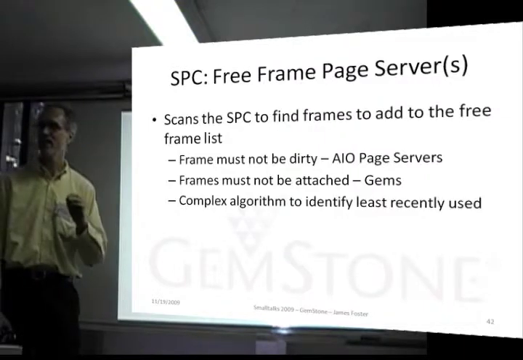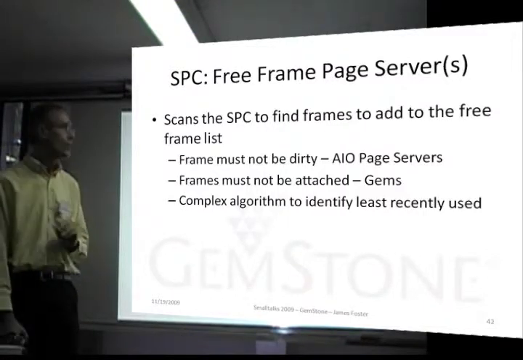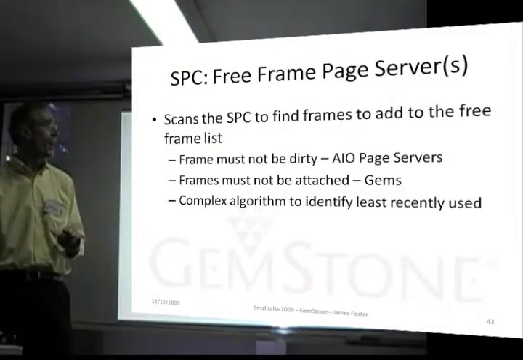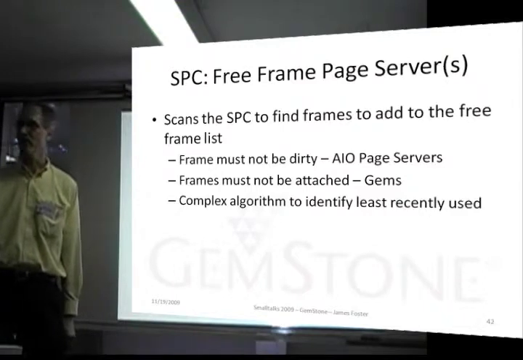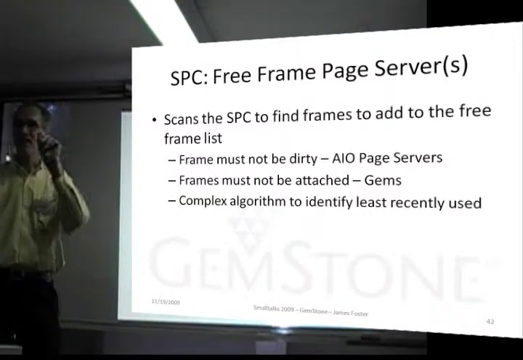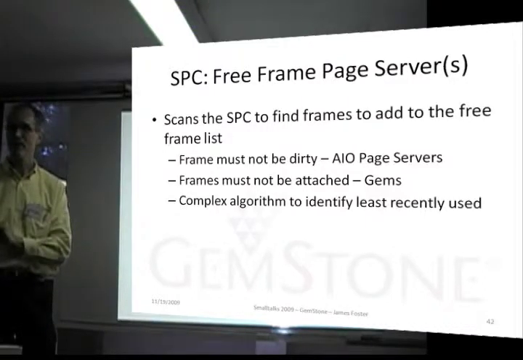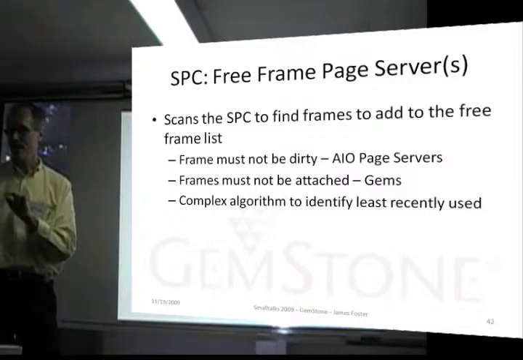We want to be able to find space in the shared page cache. Scanning to look for space can take time. So you can configure a free frame server. That is a process whose job is simply to continually scan the shared page cache, looking for empty slots, empty frames.